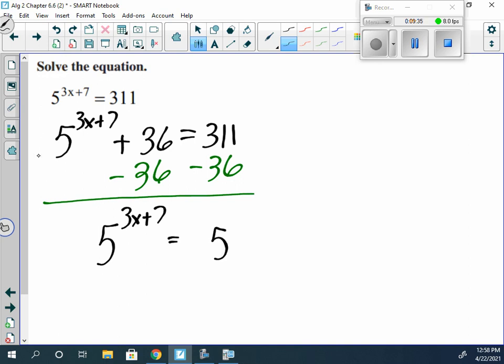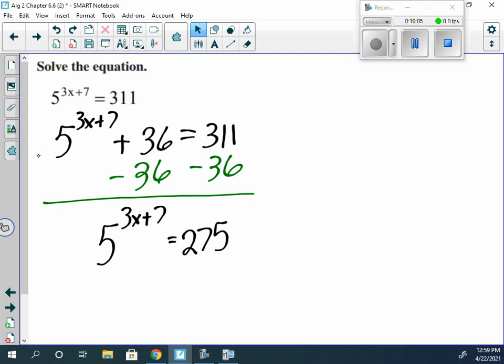You have 5, carry the 1. It's 5, 4, 7. Yep. I think it should be 275. So now do we have our 5 by itself? The number that has x in the exponent by itself? Well, yes.